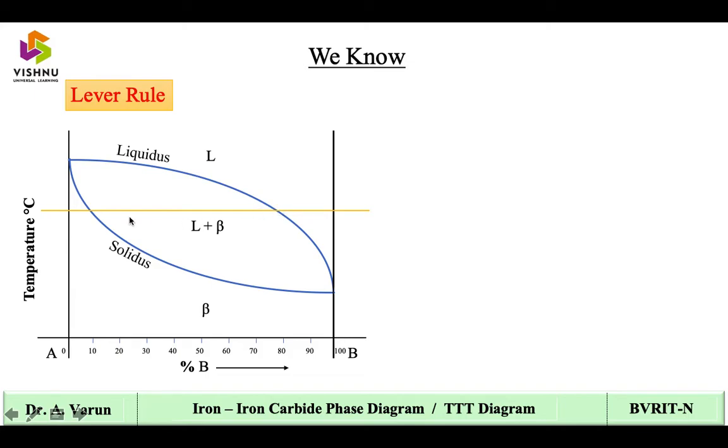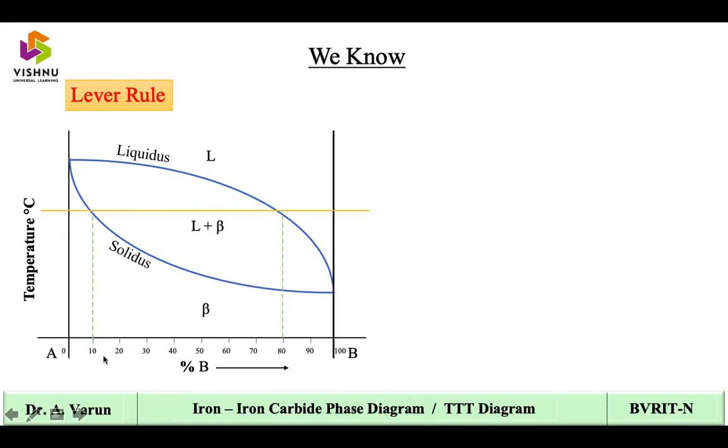So when you draw a horizontal line which cuts this liquidus line and the solidus line at 2 points, one here and one here, on dropping to the baseline, they will give you the corresponding compositions directly. So when you drop onto the baseline from the solidus line, you'll get the solid composition, and when you drop onto the baseline from the liquidus point, you will get the liquid composition.